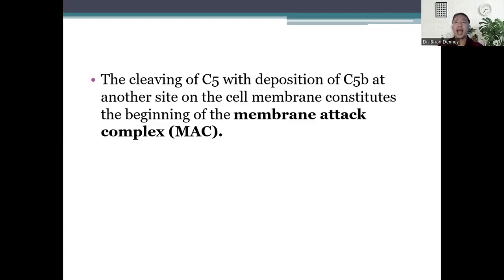And binding of your C5b to the cell membrane of the bacteria or the foreign molecule is the beginning of the formation of your membrane attack complex, which is considered stage 3 of your complement classical pathway activation. I hope you're getting that.